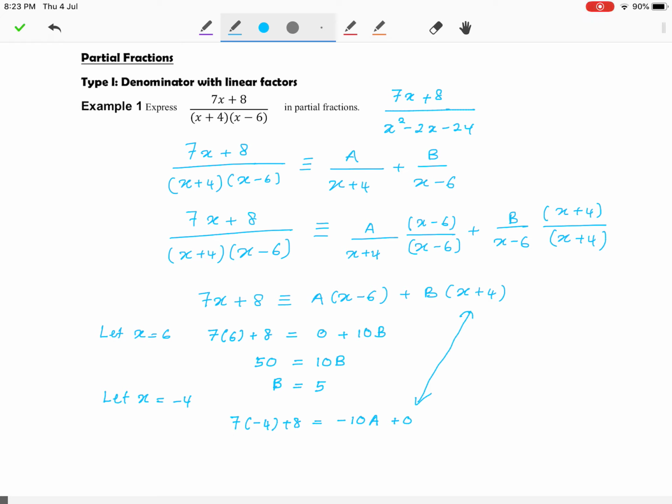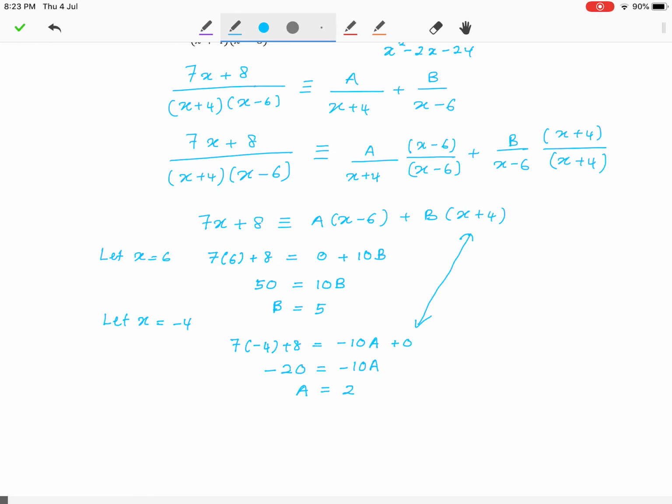So this is -28 plus 8, so it's going to be -20 there. So I have -10a here, so therefore a is equivalent to 2. So now we have managed to get the two unknowns a and b.